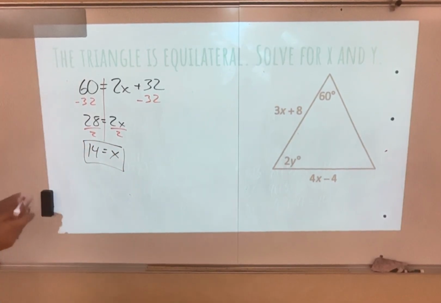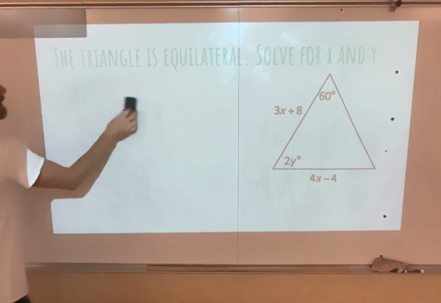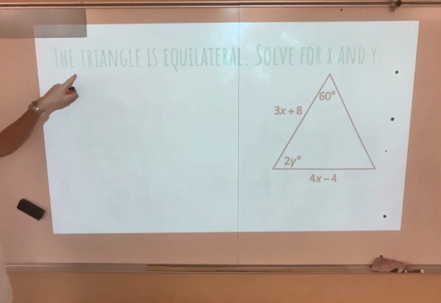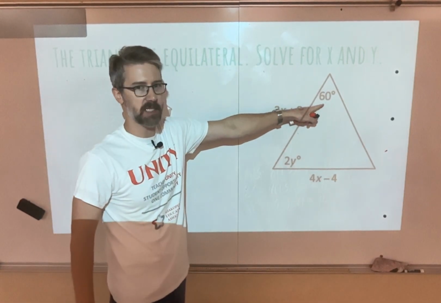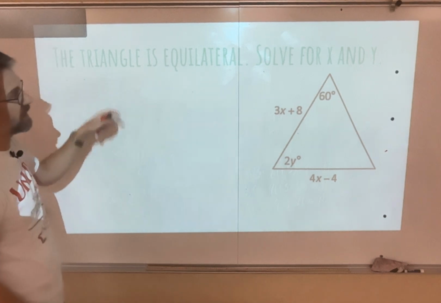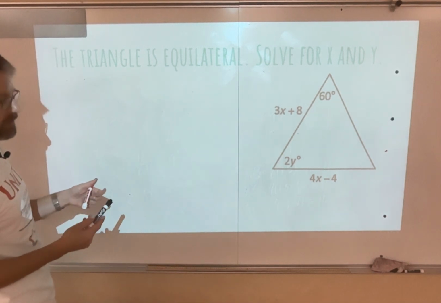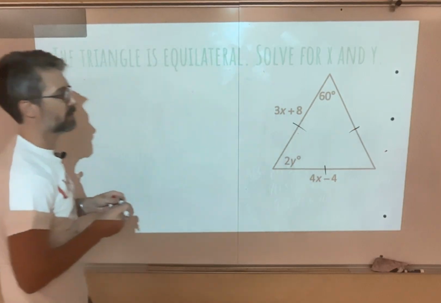All right, in this diagram, solving for x and y. So now looking at this, it's given that the triangle is equilateral, right? We can't just assume because this is 60 degrees that this one's also, and this one's also going to be 60 degrees. But it's given that it's equilateral, so we know that things are congruent. I know that this side and this side and this side are all congruent to one another.